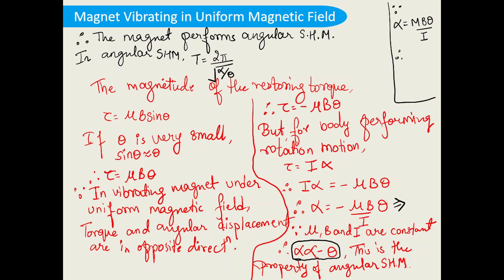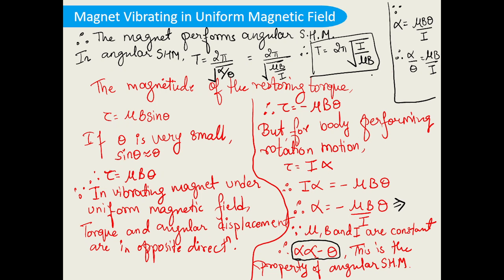So theta divided by alpha is I divided by mu B. Therefore the formula of T is T equals 2 pi under root of I divided by mu B.